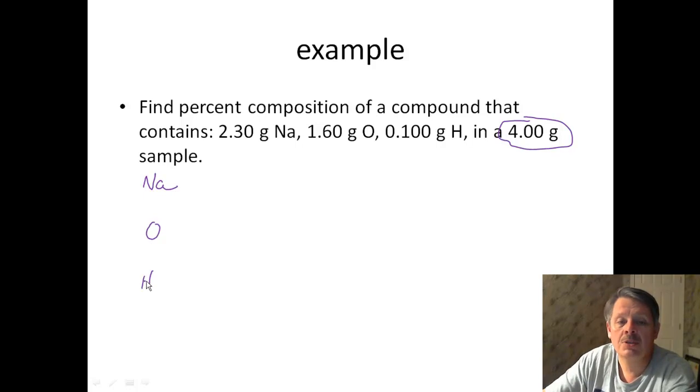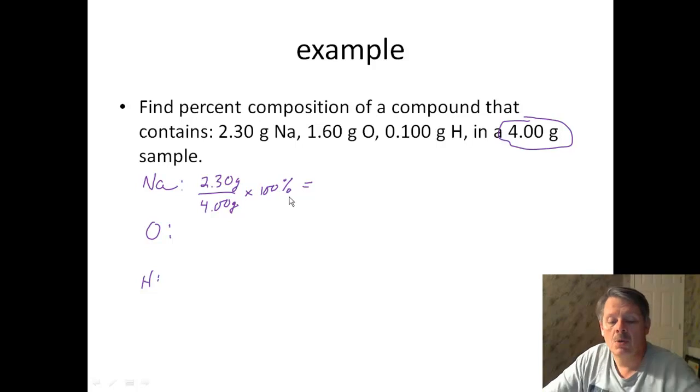Now, when I do this, I tend to write them this way because it means I don't have to rewrite sodium over and over again and then oxygen over and over again, because I like to write all my units out. So I'm going to start with 2.30 grams of sodium, and I divide by the total, which is 4.00 grams. And then we're going to multiply by 100% because what we want is a percentage.